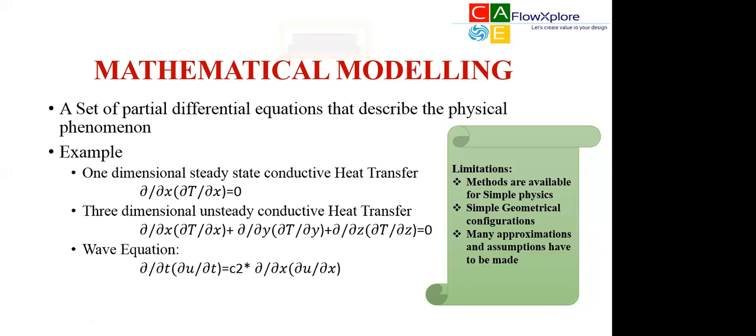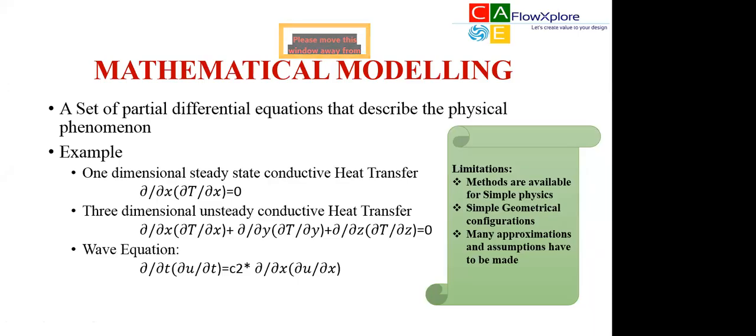So every physics can be converted into its own equivalent partial differential equation. They are not meaningless. They have an immense meaning. They are meant for describing the physics properly.